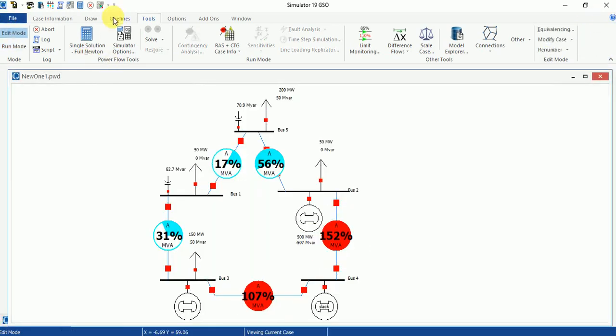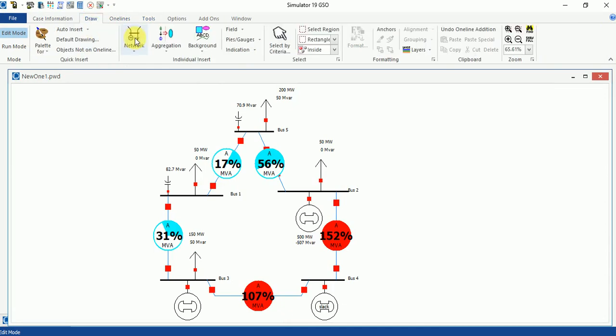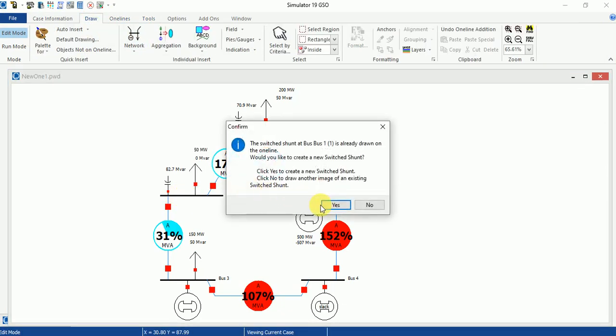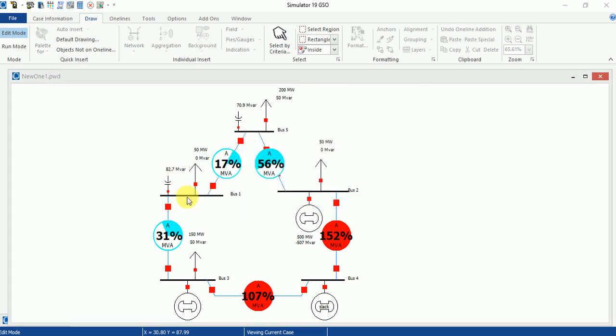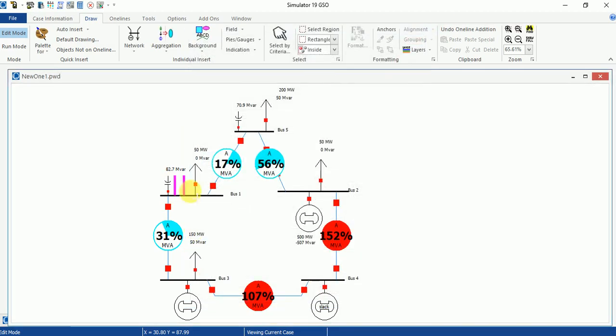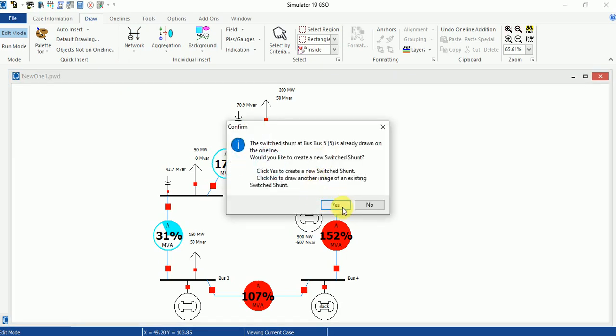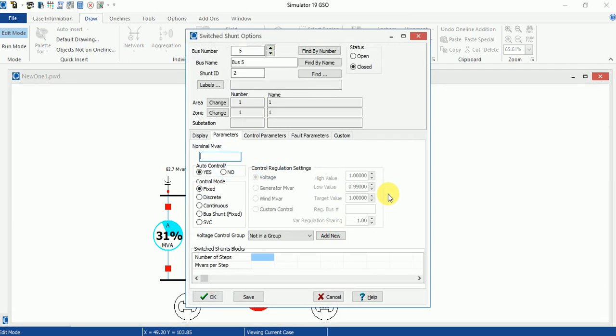So again go to edit mode, select draw, switched shunt, and then add it at bus number 1. Oh sorry, we need to install the capacitor at bus number 5. So select bus number 5 and then add a value of 100 megawatts.